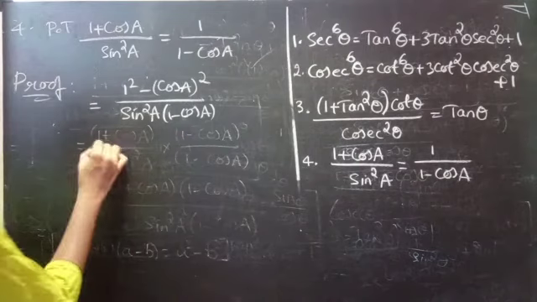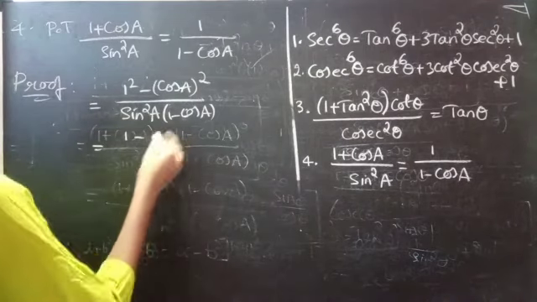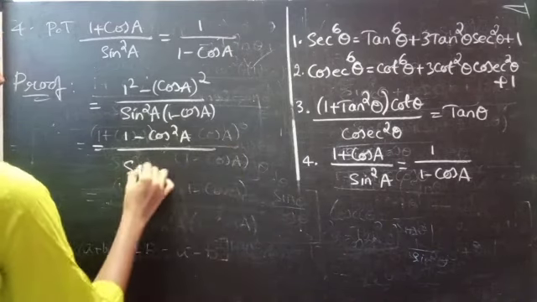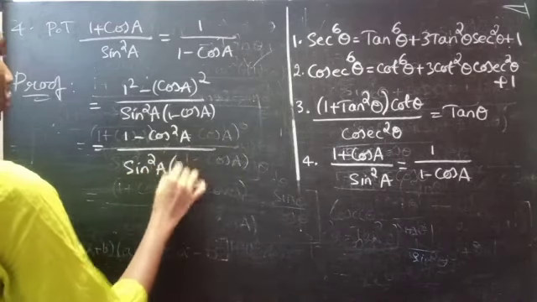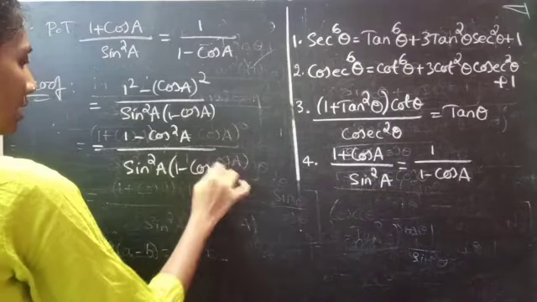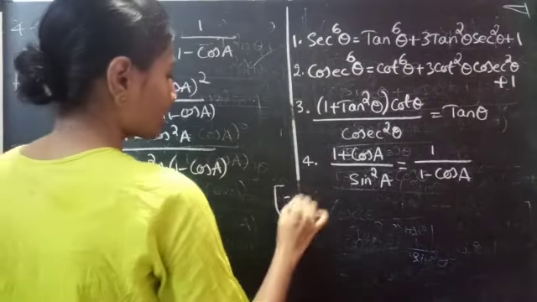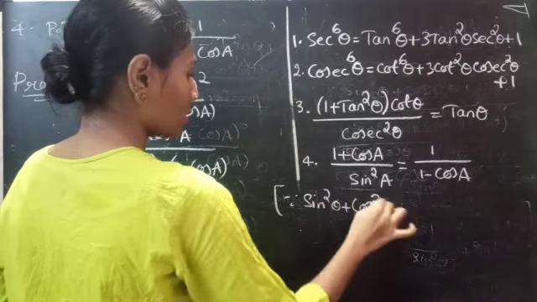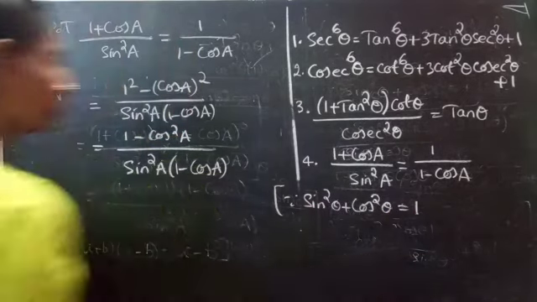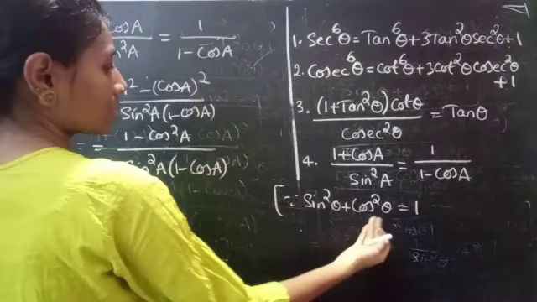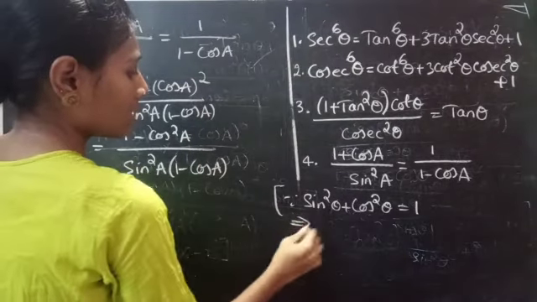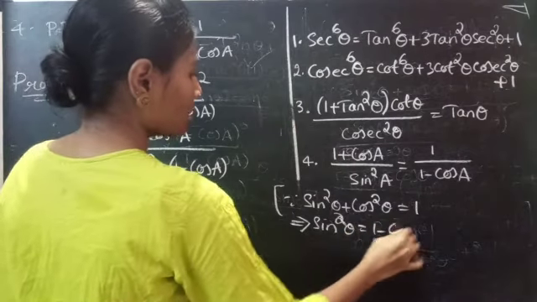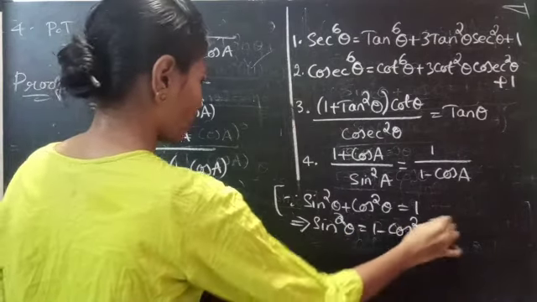So this equals 1 square minus cos A whole square, which can be written as sin square A, divided by sin square A into 1 minus cos A. Since you know that sin square theta plus cos square theta equals 1, if you take this cos square theta to the right hand side, you'll get sin square theta equals 1 minus cos square theta.